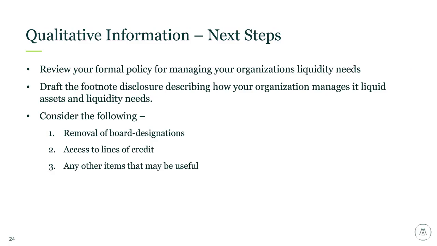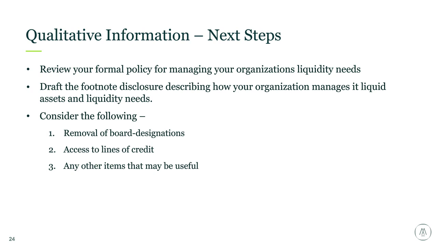So what should you consider when creating content for your qualitative information in the footnote? You will want information that is useful in assessing the entity's liquidity and that communicates how the entity manages its liquid resources available to meet cash needs and the general expenditures within 1 year of the date of the financial statement position.